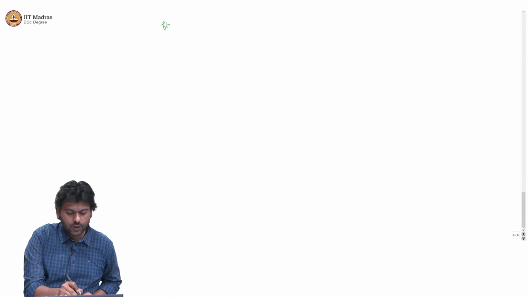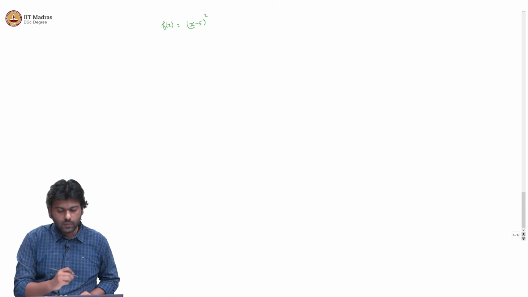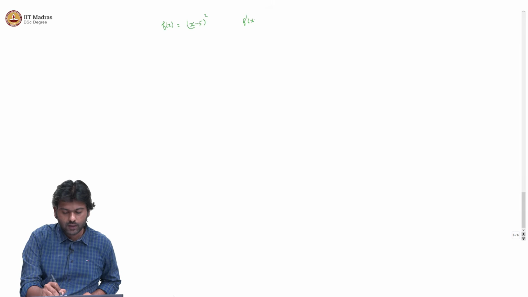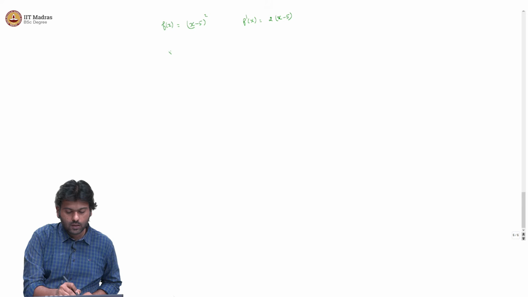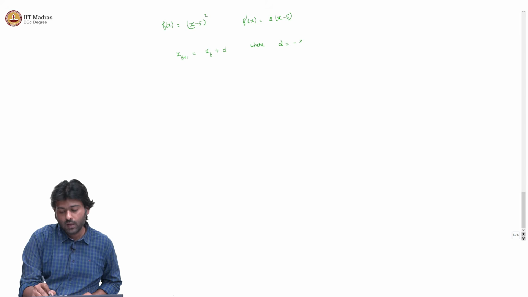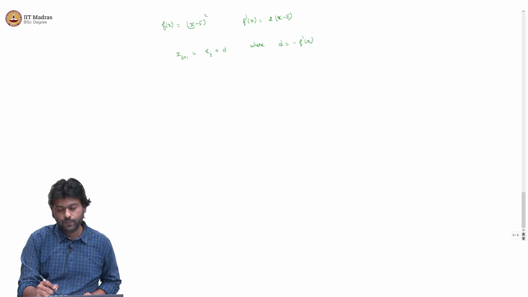So, we have a function f of x which is x minus 5 squared, and we know f dash of x is 2 times x minus 5, and our update, just to be consistent with notation, is x t plus 1 equals x t plus d, where we are saying the direction that we are going to move is negative of f dash of x.